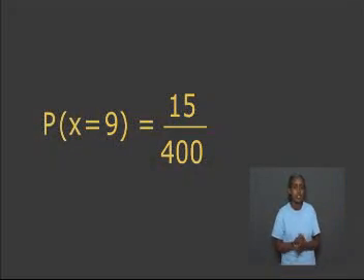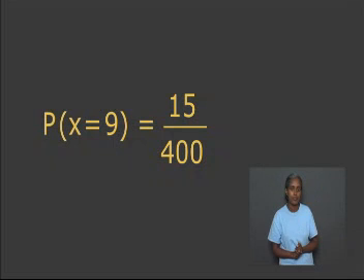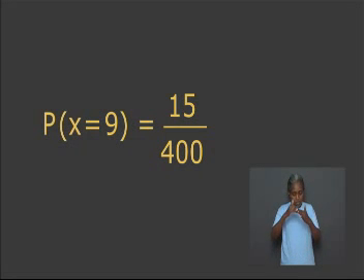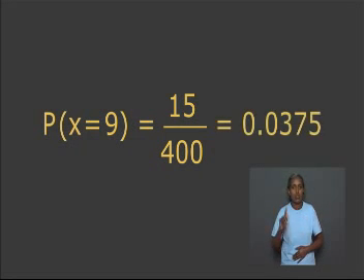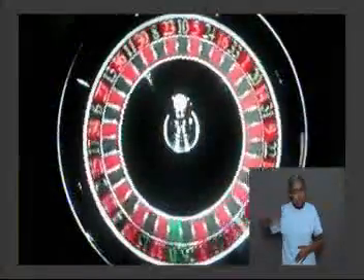In this case, it is 15 over 400. When we reduce that to a ratio of 1, the probability is 0.0375. Well done.